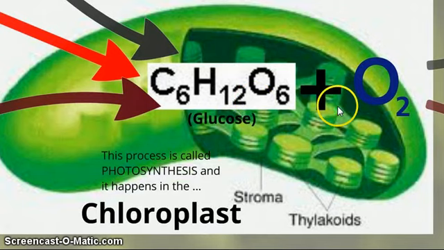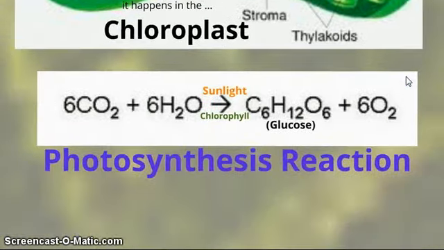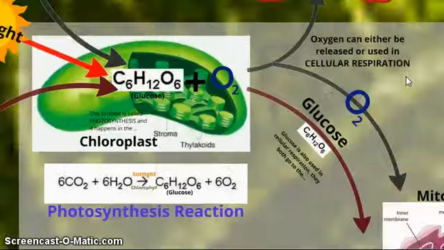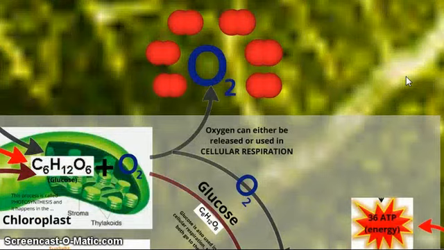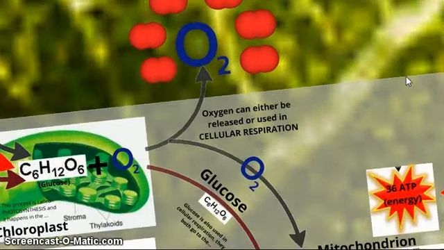We talked about last time how one of the products of photosynthesis is that it produces oxygen, and we benefit from that. Let's skip over this since we've already looked at the photosynthesis reaction, and let's go on from here.